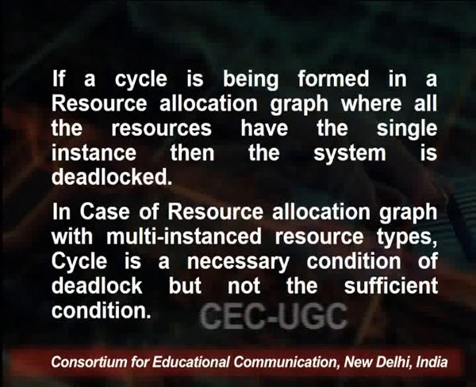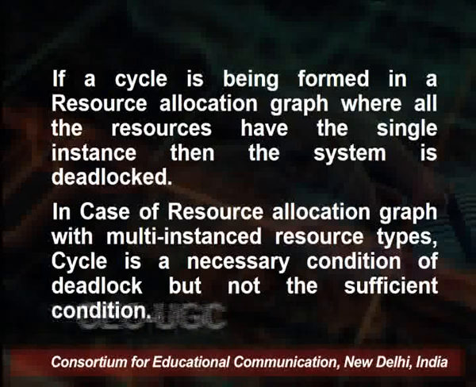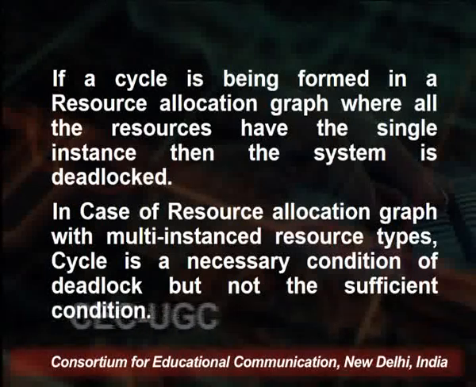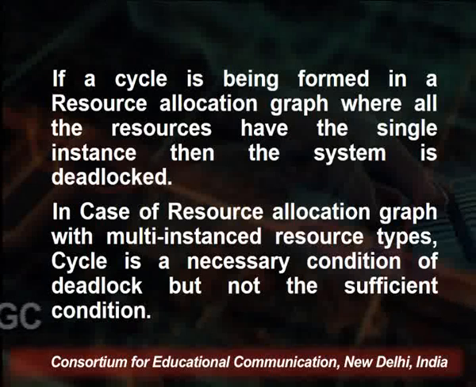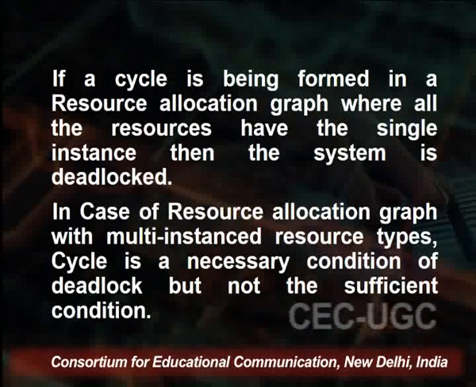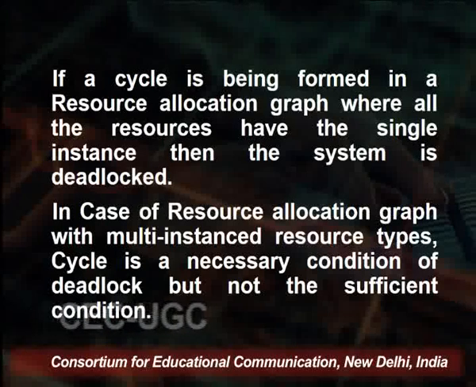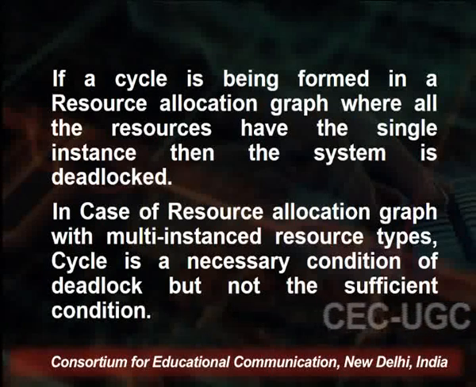So we can see that if a cycle is formed in a resource allocation graph where all the resources have single instances, then the system is definitely deadlocked. While in case of a resource allocation graph where the resources are of multi-instance type, a cycle is a necessary condition for deadlock, but it is not a sufficient condition.